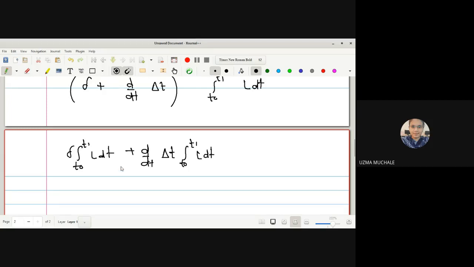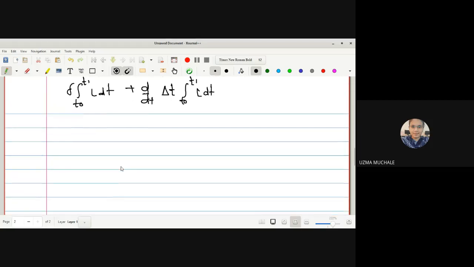Okay, now let us evaluate this one. So let us keep this as it is. We cannot do anything for this term. We will keep this integration t naught to t1 L dt, right?